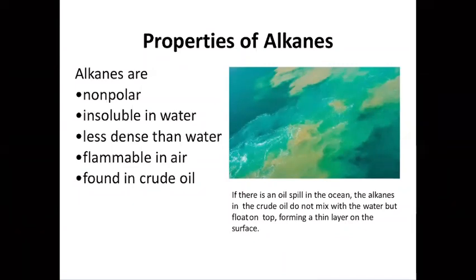One of the concerns is that these molecules are actually flammable in air. So you can imagine that when this happens, there are many effects to nature, and that's why it's very important that these accidents do not happen often.